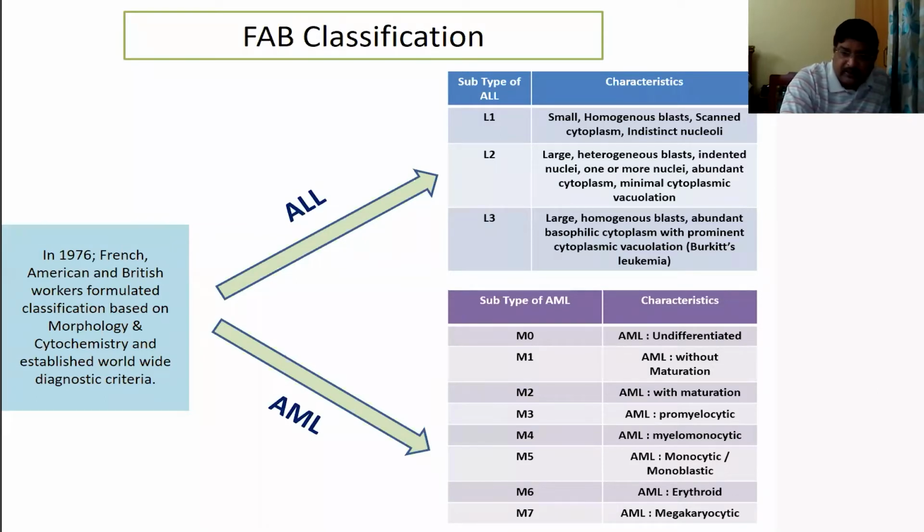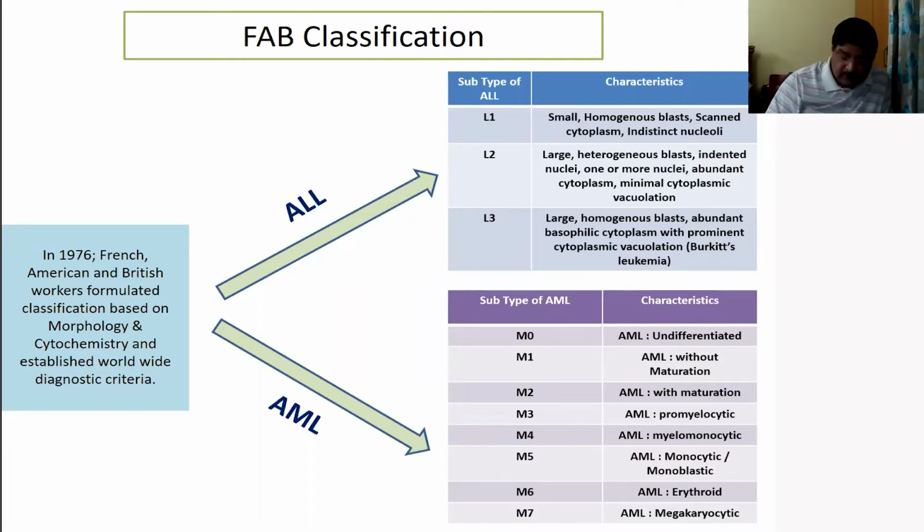AML M1 is without maturation, M2 is with maturation. These things we don't read these days because most of the books have done away with this. But when you make a complete study of acute leukemia, these things will come in as the historical aspects of the classification.